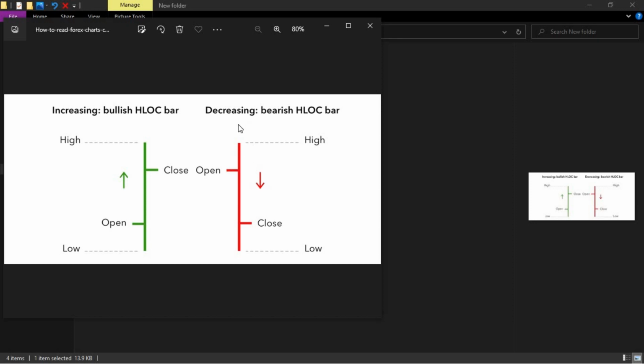So for the Judas swing, you would expect something to happen around this weak area. That's for a bearish day, you would expect something to happen above the opening price to send price down, to close below the opening price.